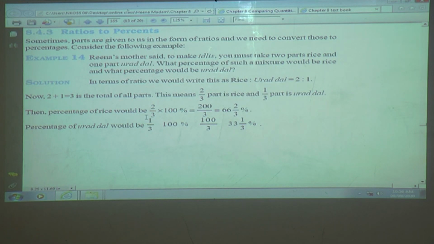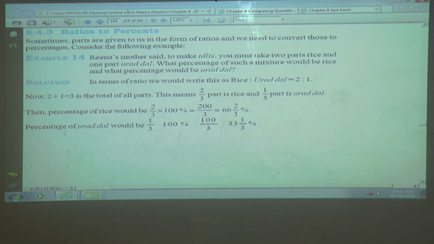If it is possible, we have to reduce. If it is not possible, just write the fraction, and after getting an improper fraction, we have to divide and write it as a mixed fraction. Here we have an improper fraction, so after division we get the mixed fraction 66 whole 2 upon 3%.